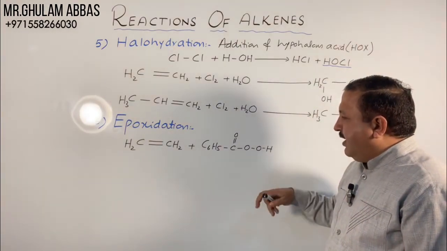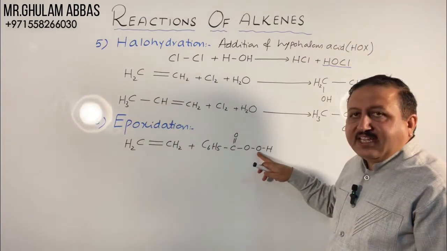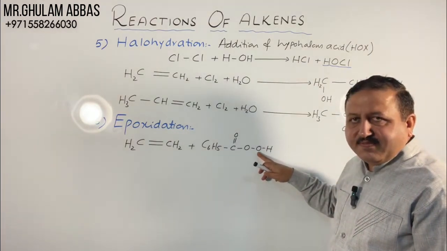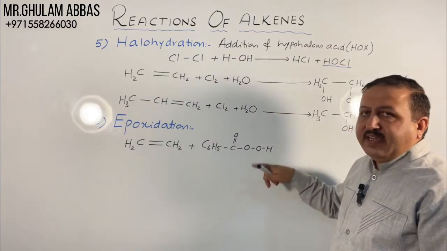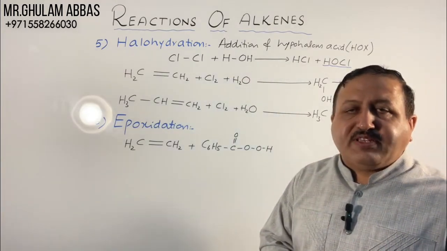Actually, if one oxygen is there, it is benzoic acid. Now there are two oxygen atoms in this acid, it is called peroxybenzoic acid.